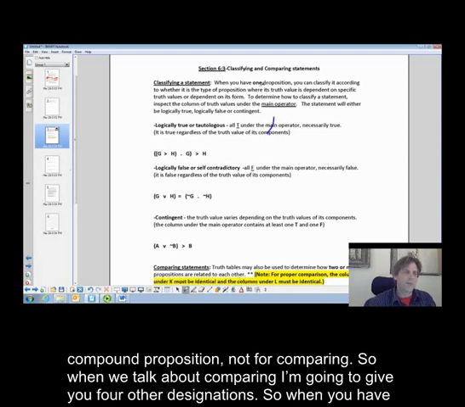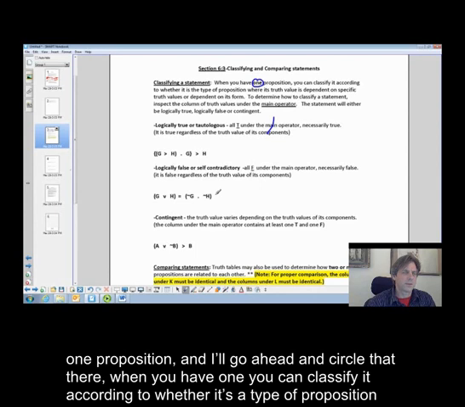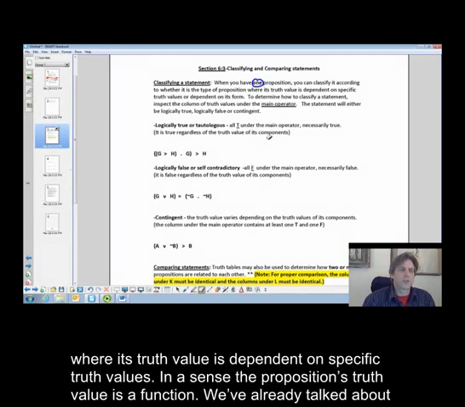So when you have one proposition, and I'll go ahead and circle that there, you can classify it according to whether it's a type of proposition where its truth value is dependent on specific truth values. In a sense, the compound proposition's truth value is a function.